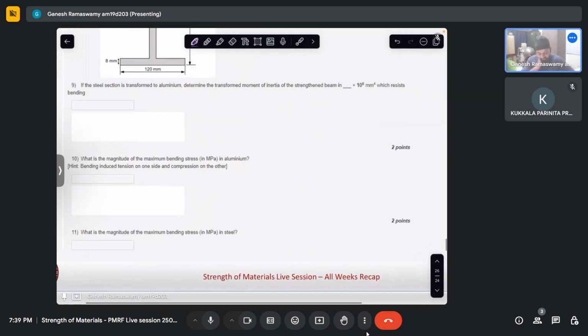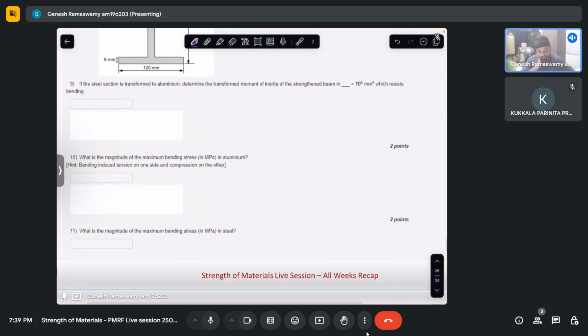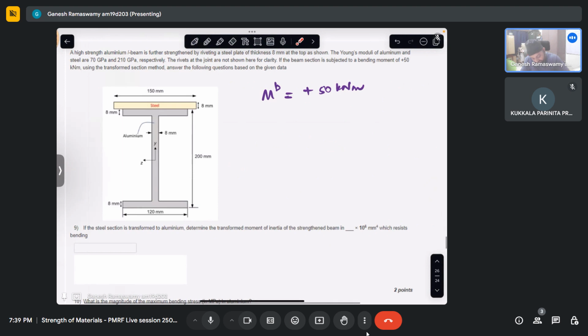If the steel is transformed into aluminum, determine the transformed moment of inertia, and then stresses. So steel is presently of width 150 and depth 8 mm. If you revisit the session on transformed area method, where I solved it using both curvature as well as transform section method, we saw why the transform section method is more elegant, although it boils down to the same thing.